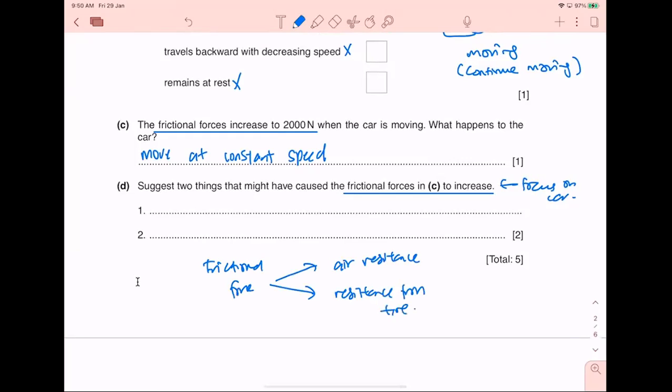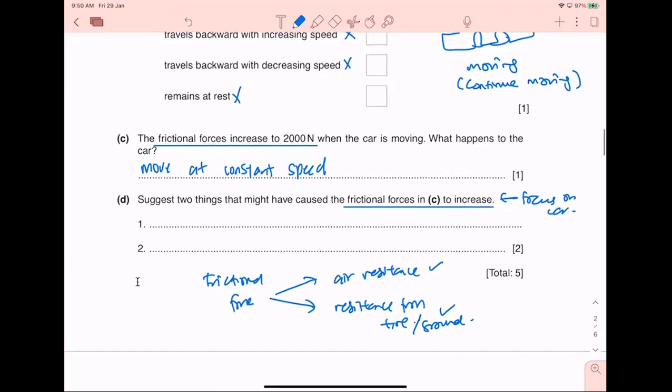So it includes air and the resistance of the tire or the ground. Both are acceptable, because frictional force is actually any force that is opposite to motion. That is the definition of frictional force.